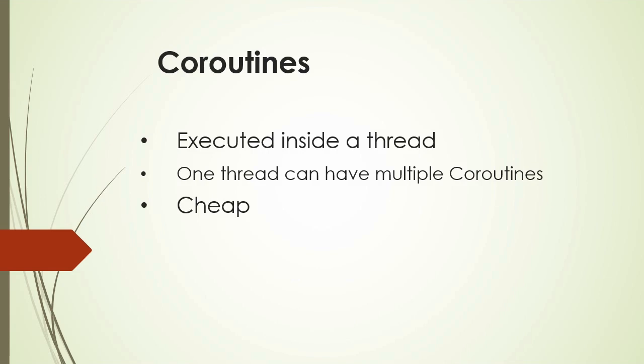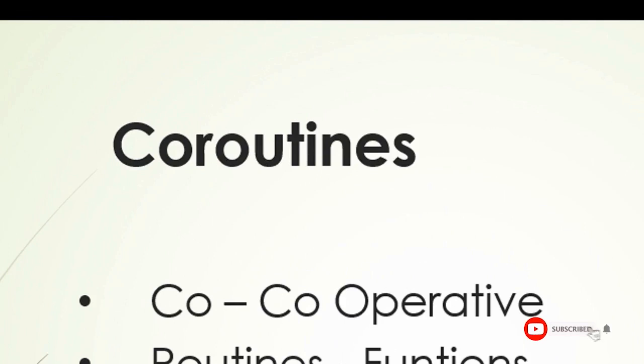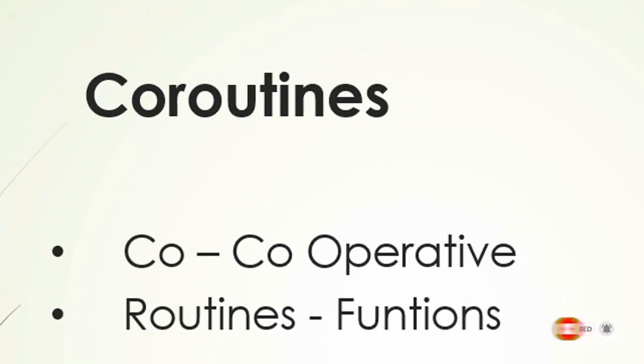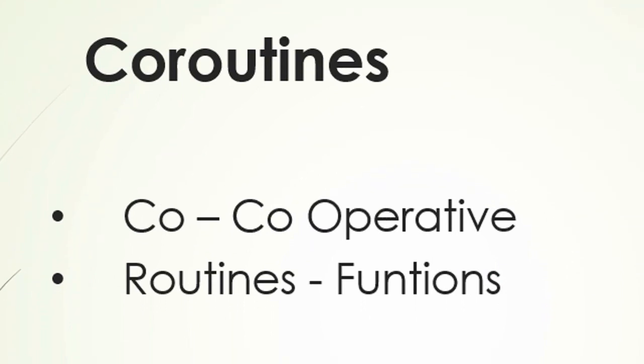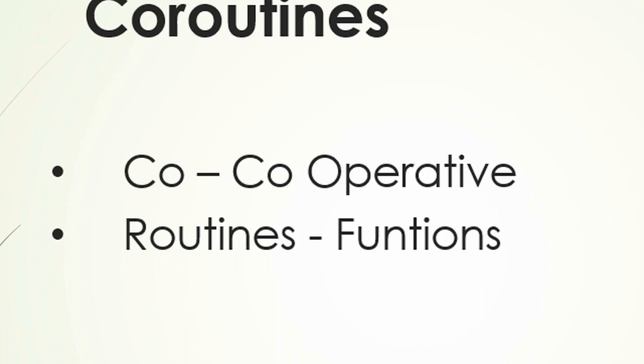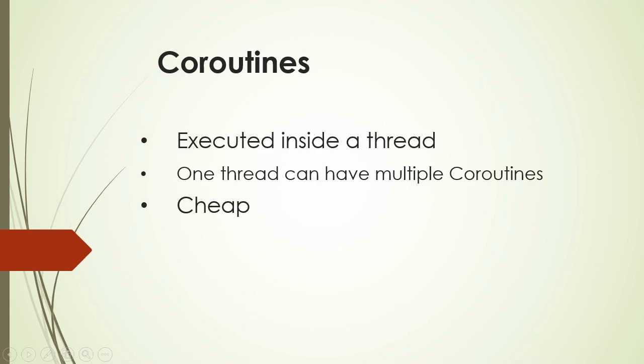That's why we can run multiple tasks at one time here. It takes a little memory. If you look at the name coroutines, the first part, co, means cooperative. It is cooperating with one another, and the second part, routines, is just functions. The functions which are cooperating with each other is what is called coroutines here.